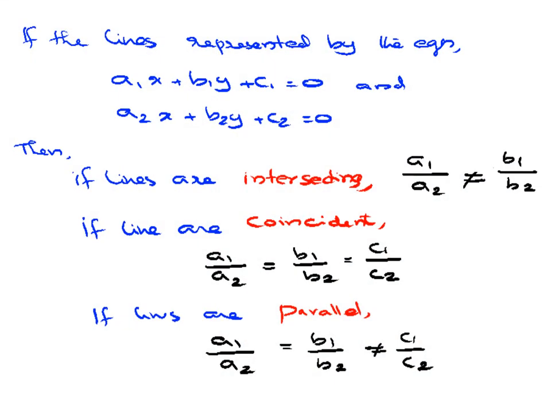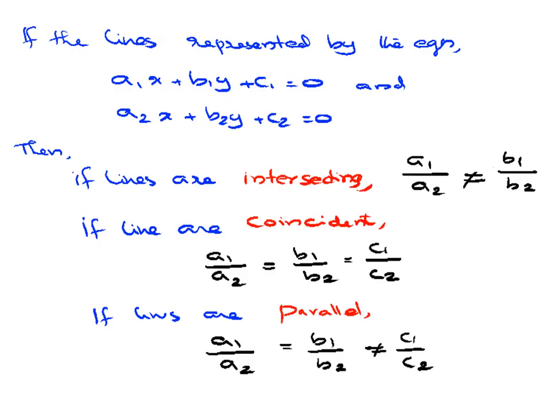From the above discussions, we can generalize: if the lines are represented by the equations a1x plus b1y plus c1 is equal to 0 and a2x plus b2y plus c2 is equal to 0, then if the lines are intersecting, a1 by a2 is not equal to b1 by b2.